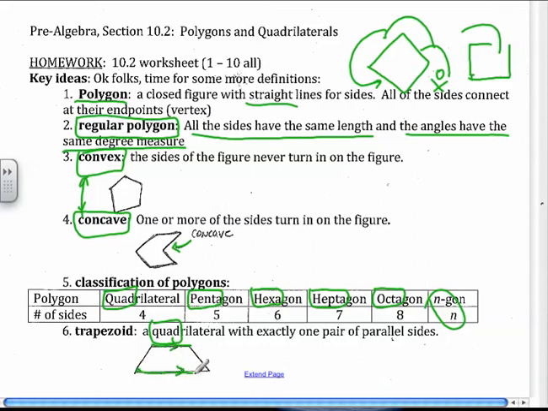Not both, just one. If both of them were, that'd be something else, and we'll talk about that in a moment. A trapezoid is a 4-sided figure with one pair of parallel sides. That's what these 2 arrows mean: these sides are parallel to each other. Notice that these 2 sides don't have an arrow on them because they're not parallel to each other.